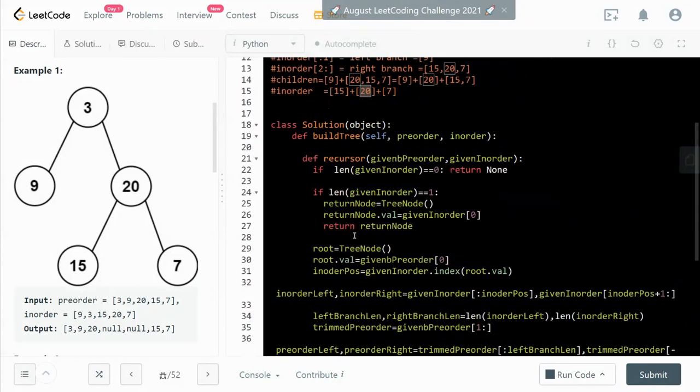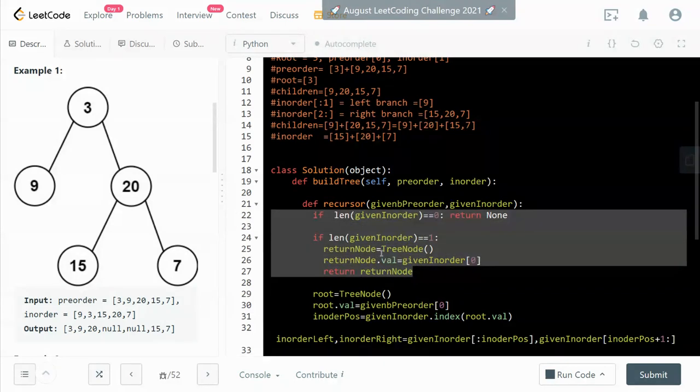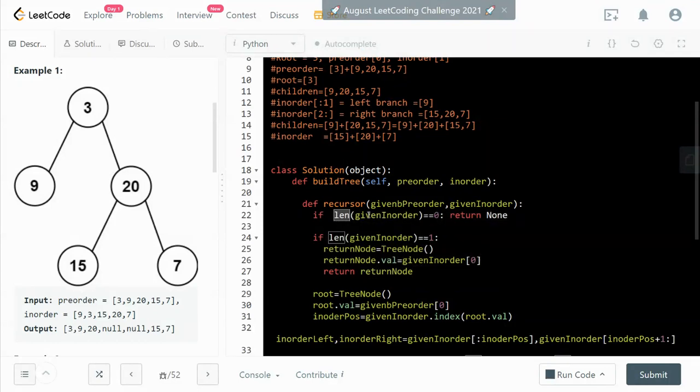Let's walk through the code together. We will solve this problem using a recursion method. For every recursion method, the first thing we have to do is put in the edge case, the terminal condition. So if the length of the given list is equal to 0, that means it's an empty list.